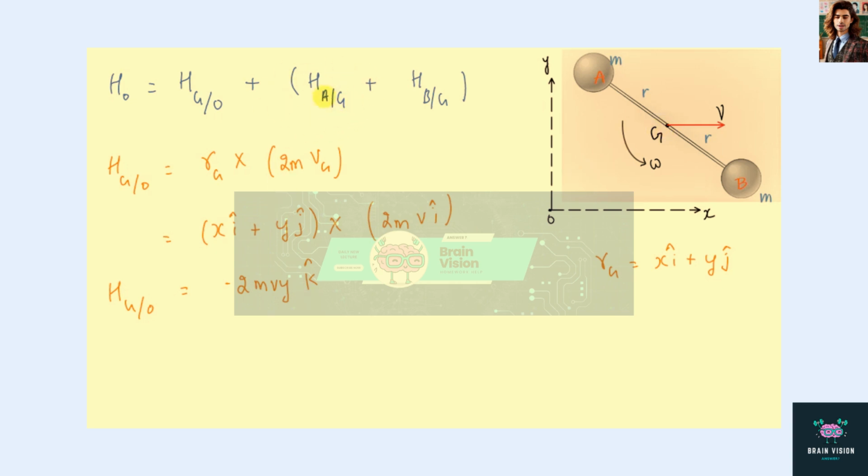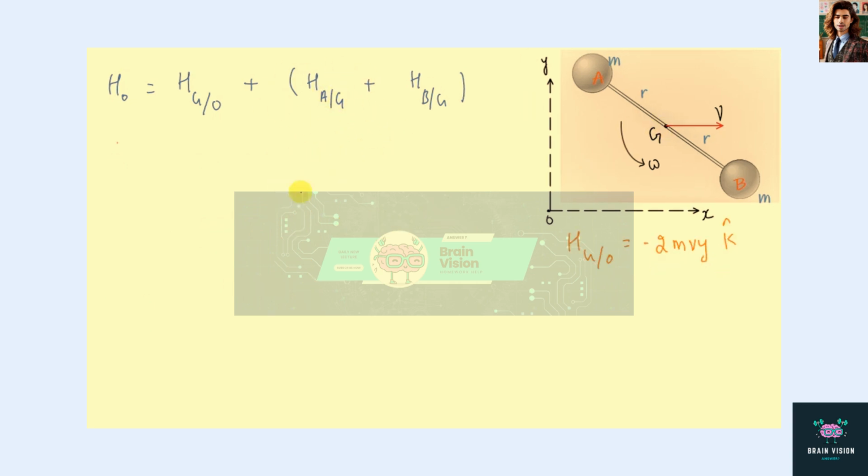So this is the angular momentum of the system about point G. Next I will be calculating H_A of G. The angular momentum of A relative to point G, H_A of G, is equal to the cross product of the position vector R_A of G and the linear momentum, that is the mass m and the velocity of A with respect to the point G. Now the position vector R_A of G, this distance is r, and let this angle be theta.